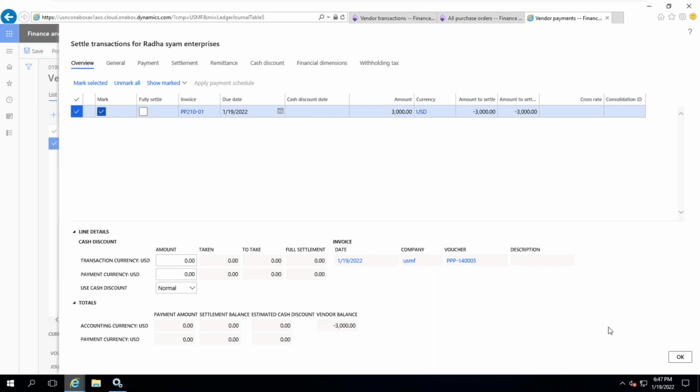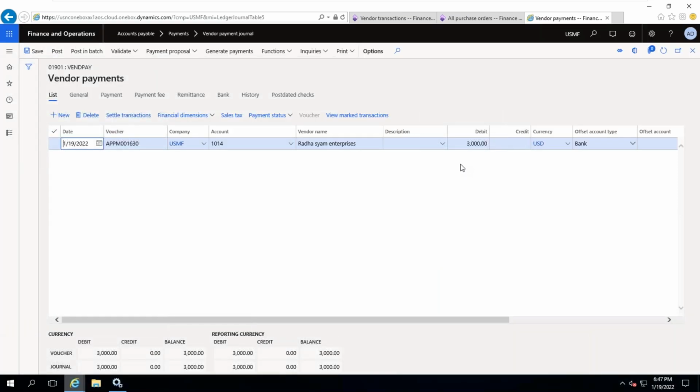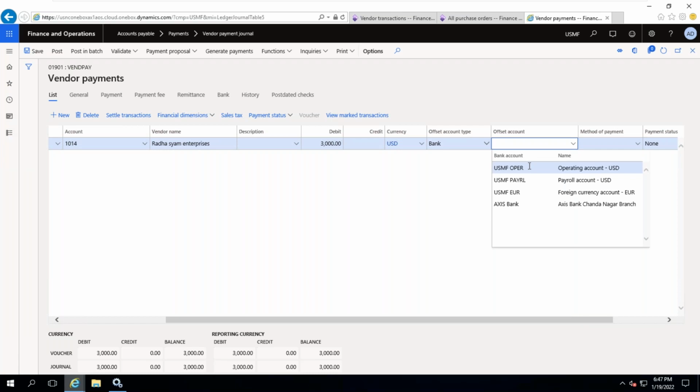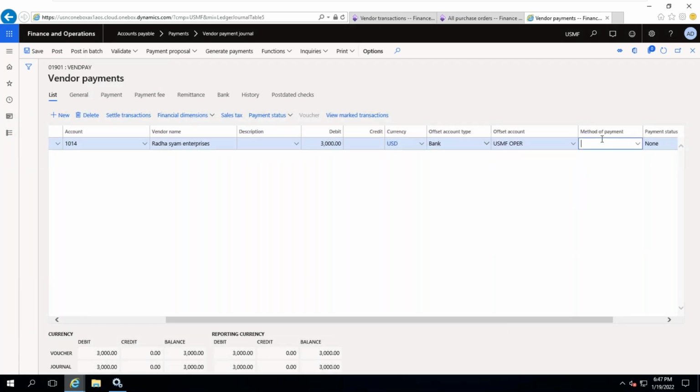Select mark, click OK. Now it is showing here. Let me select the bank, offset account type bank, and generate payments, checks.